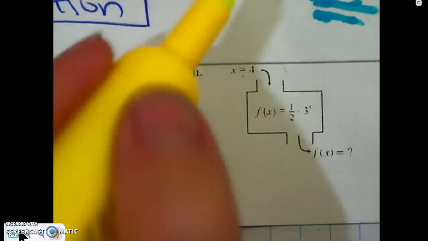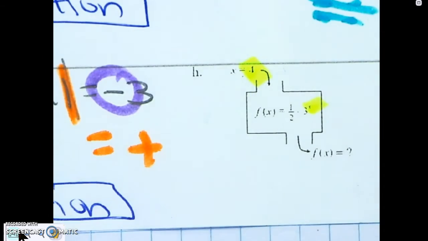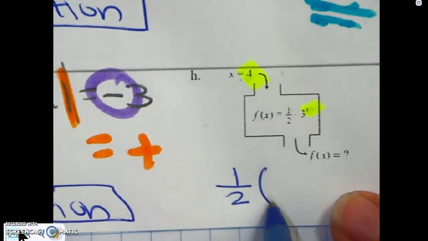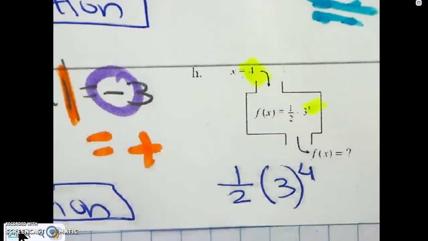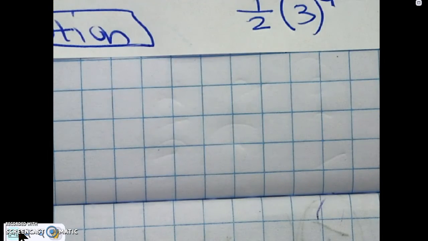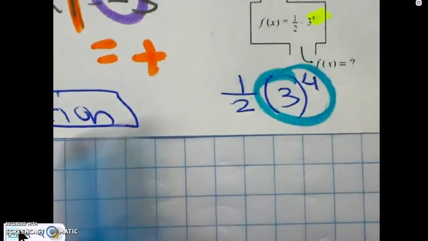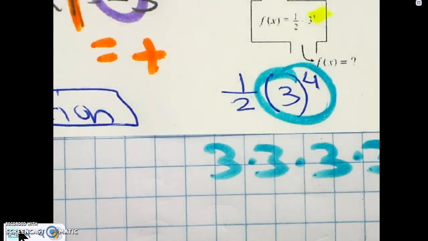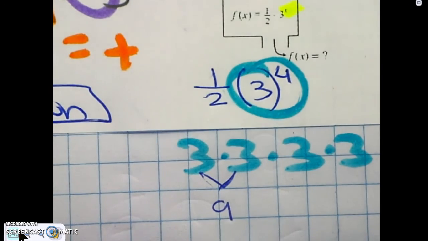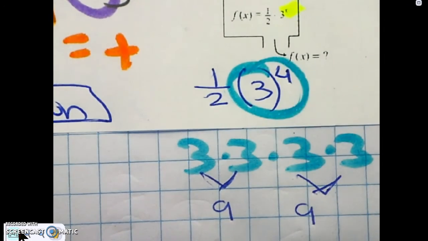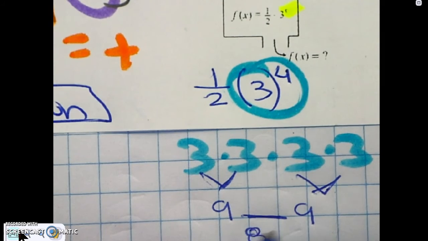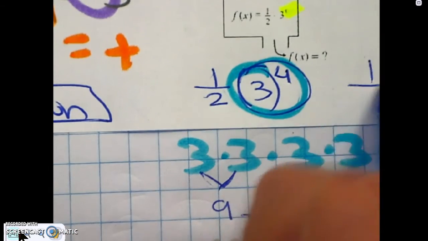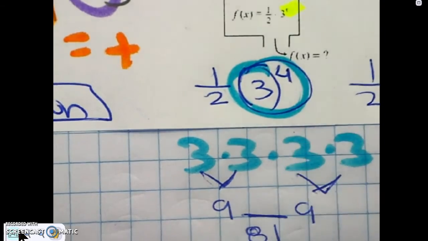Cool, they gave me the x. So I'm going to plug it in. It's a little more difficult because there's a fraction, but I can do it. So it's 1/2 times 3 to the 4th. So I'm going to take care of 3 to the 4th first. 3 to the 4th means 3 times 3 times 3 times 3. 3 times 3 is 9. 3 times 3 is 9. 9 times 9 is 81. So that means all of that is 81. So I have 1/2 times 81.